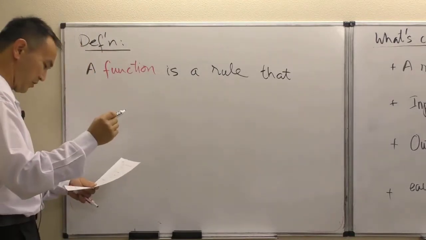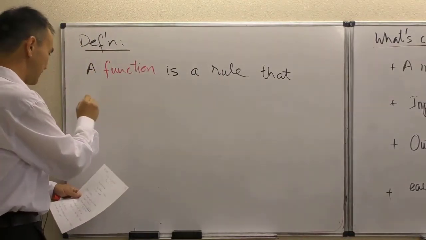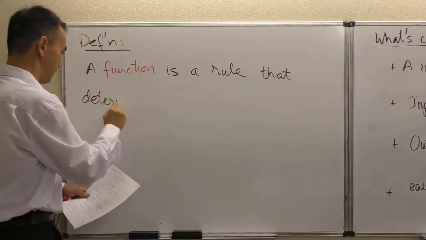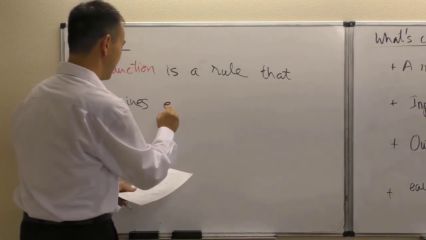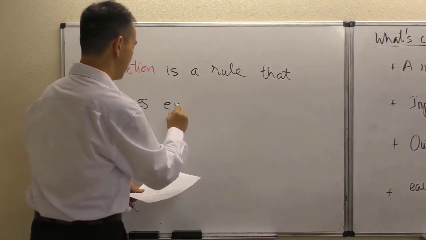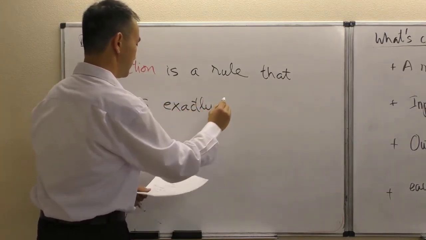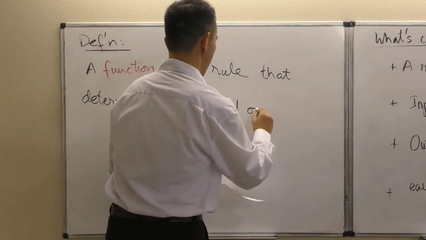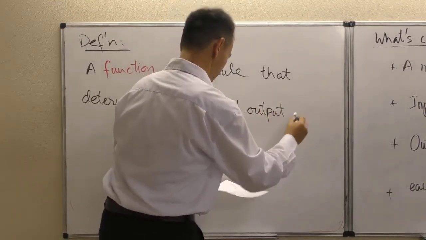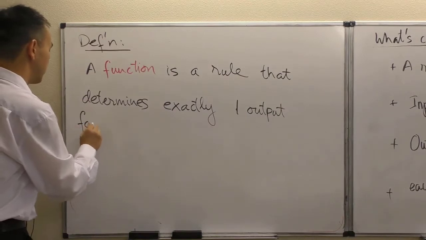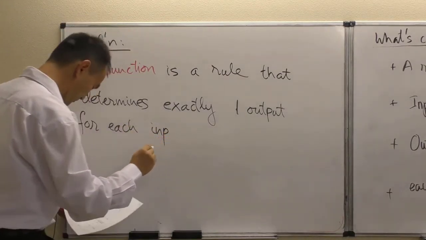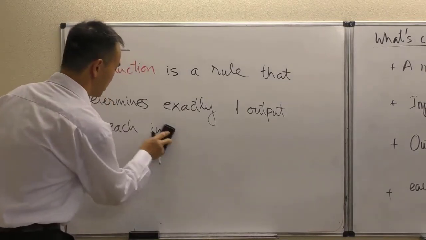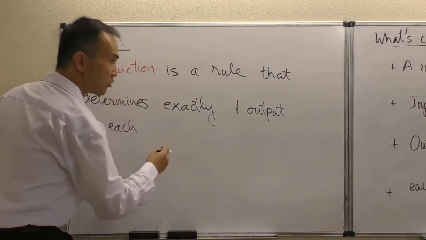A function is a rule that determines exactly one output for each input, each given input.